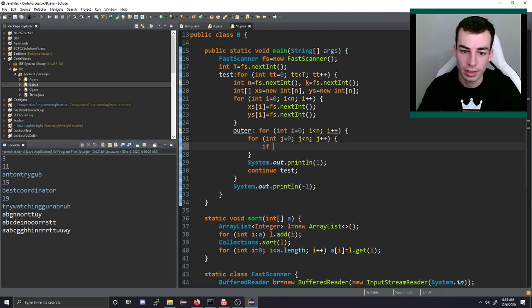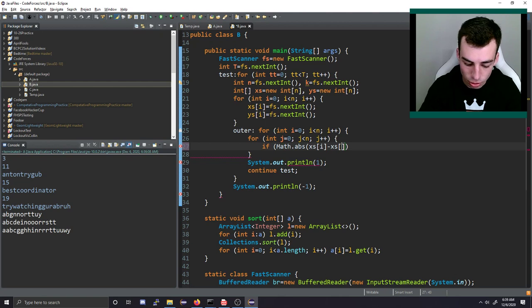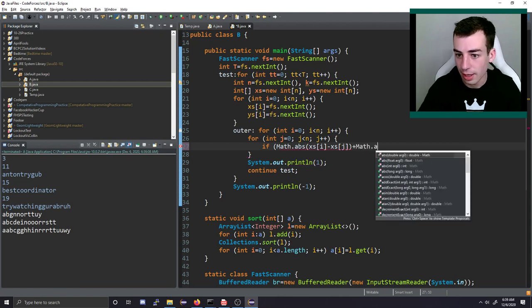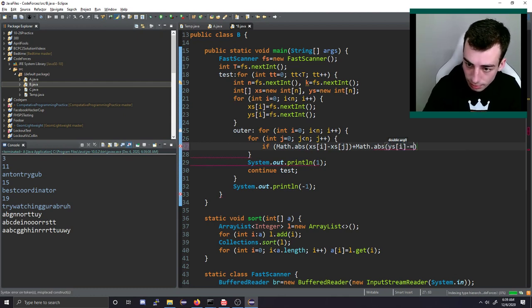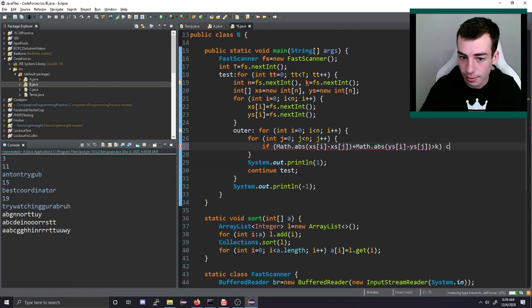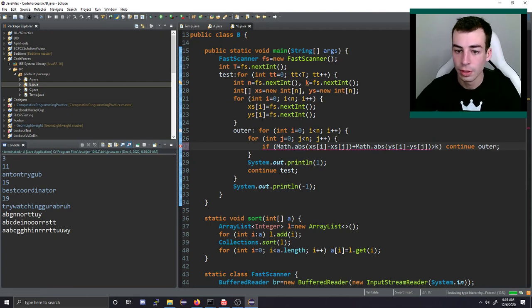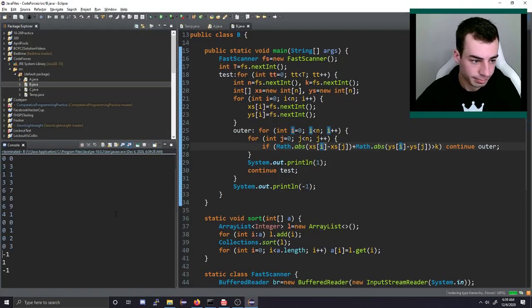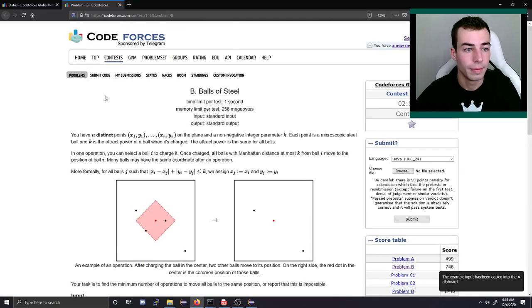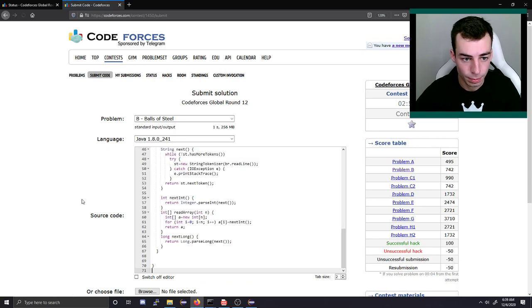So then if the abs of x_i minus x_j plus the abs of y_i minus y_j is greater than k, and same with the other. Good. Submit B.